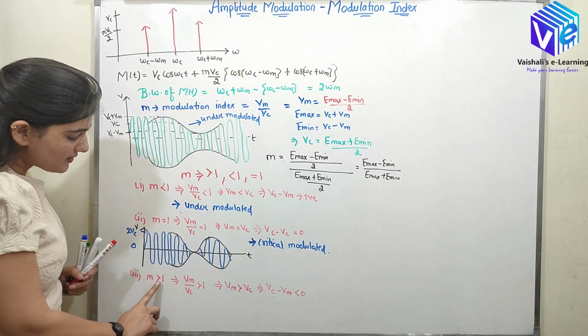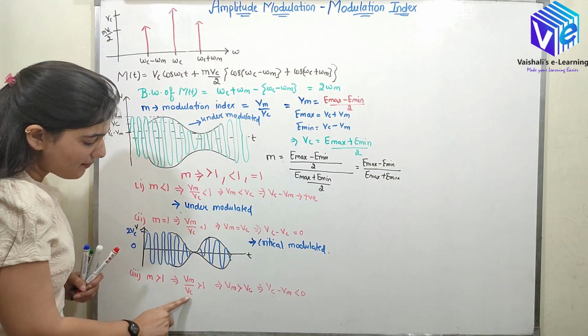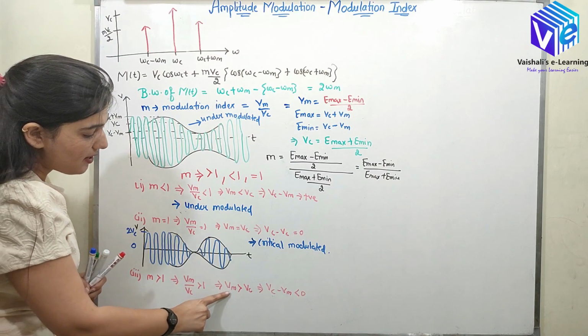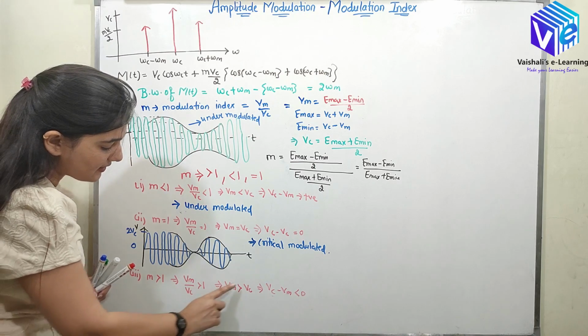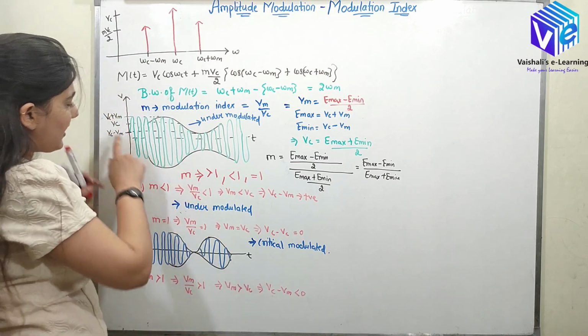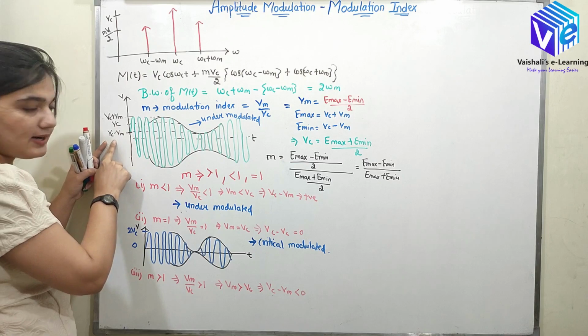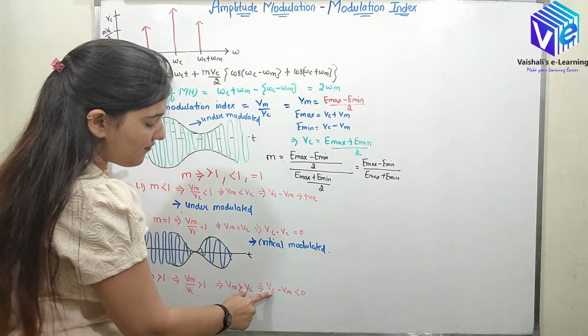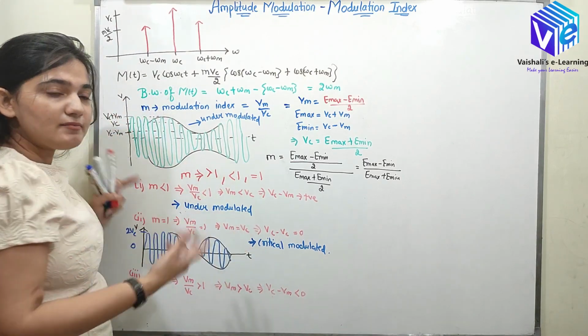So now m is greater than 1, which implies Vm upon Vc is greater than 1. So I can say Vm is greater than Vc. So now when I have to find out the lower limit, the lower amplitude would be Vc minus Vm, which comes out to be negative.